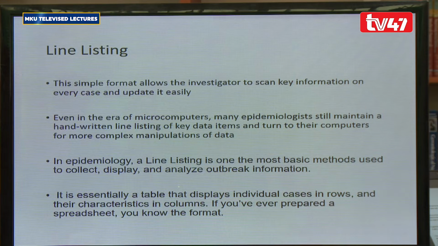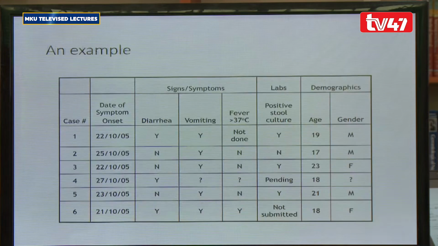In epidemiology, line listing is one of the basic methods used to collect data, display data, analyze, and give a lot of information on outbreak information. It is essentially a table that displays rows and columns, as I have earlier alluded.